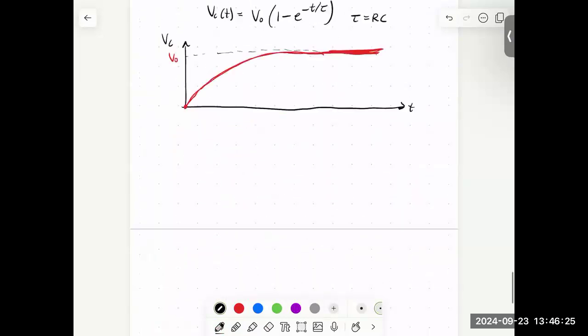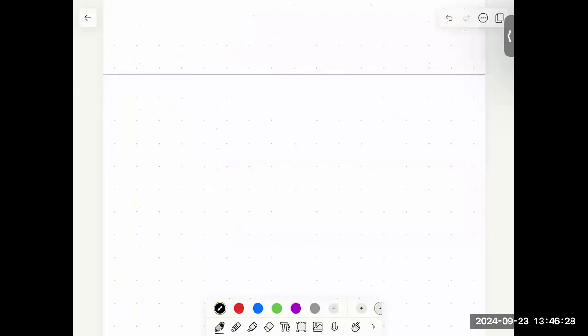If we analyze that case, we would see the following.